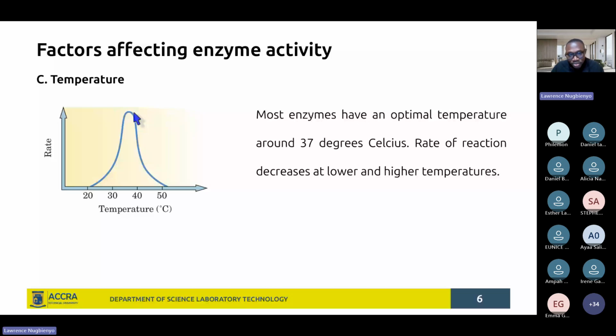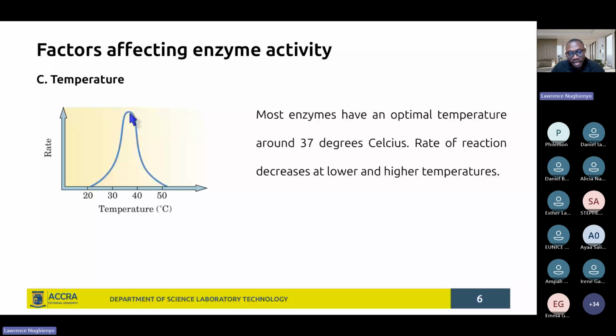I mean, you start to have denaturing of these proteins, which are enzymes. And so those proteins will no longer be functional. What it means is that the rate of the reaction will then be reduced. So it will be reducing as the temperature increases above that optimal temperature.